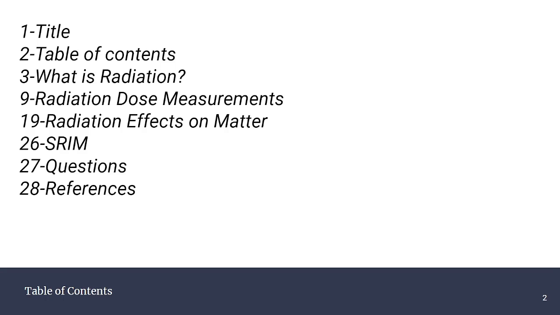Knowing how things are going to radiate, what the effects are, how often we have to replace it, all that good stuff. Then we're going to get into a fun little tool called SRIM, or TRIM, if you guys have ever heard of that. And then just go into questions and, you know, everyone's favorite slide references.